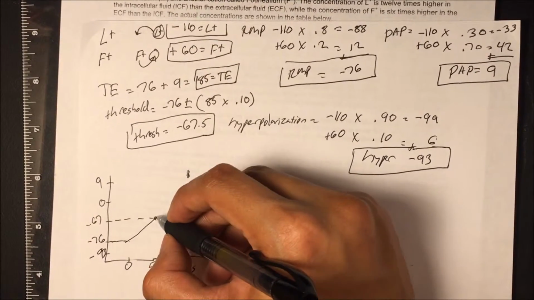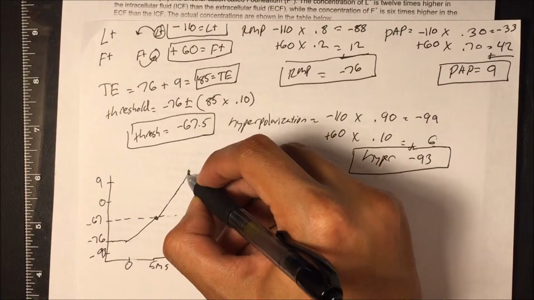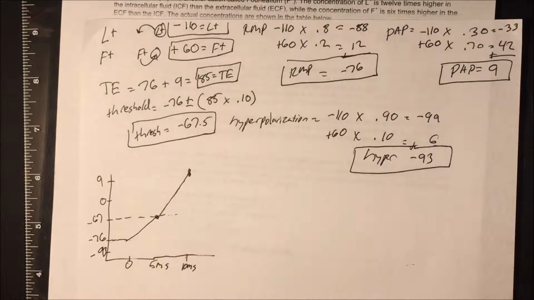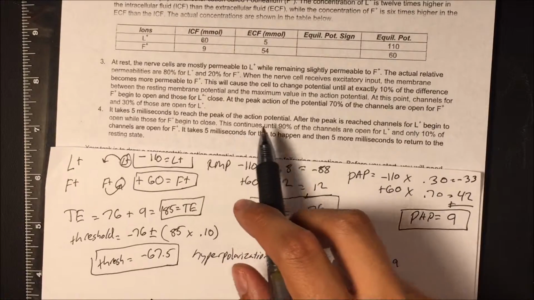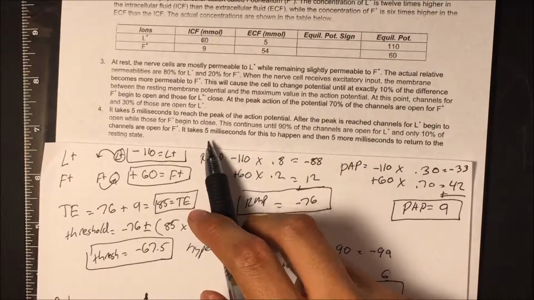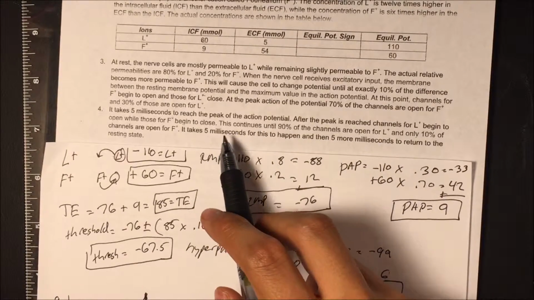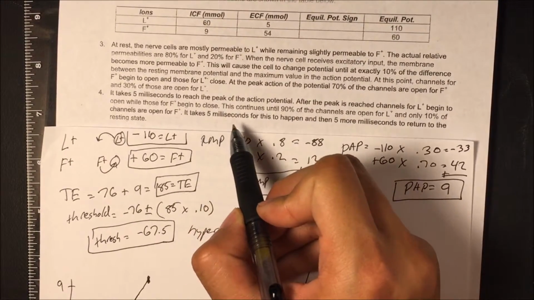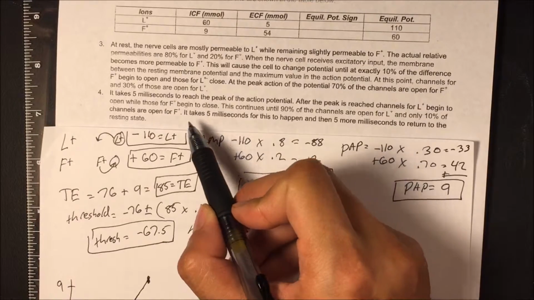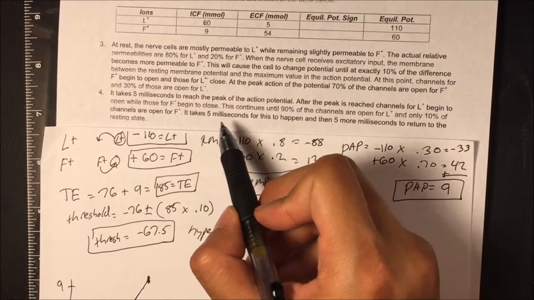Let's see if I can... There we go. So after it reaches the peak, it takes 5 milliseconds to reach hyperpolarization. So this part right here means that it's going from the peak to the hyperpolarization.